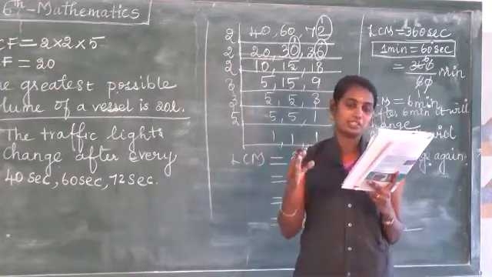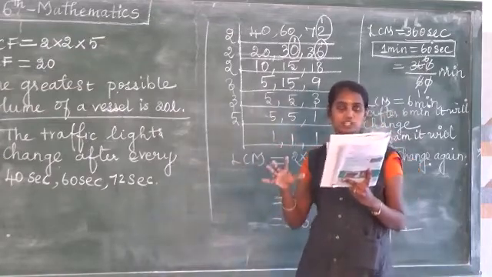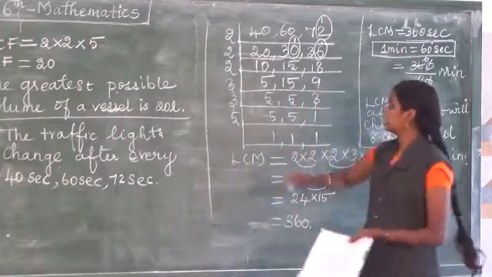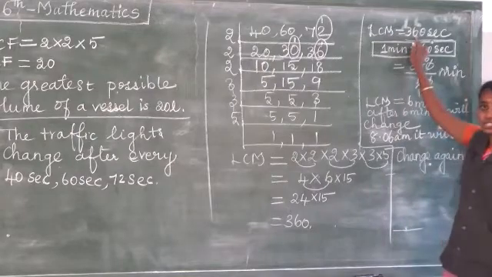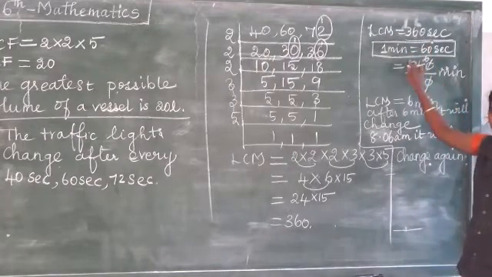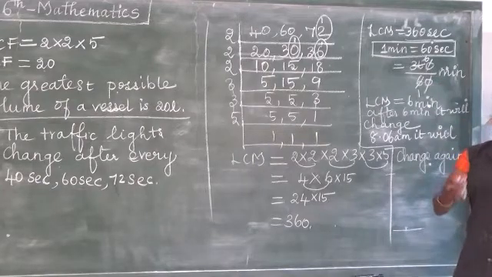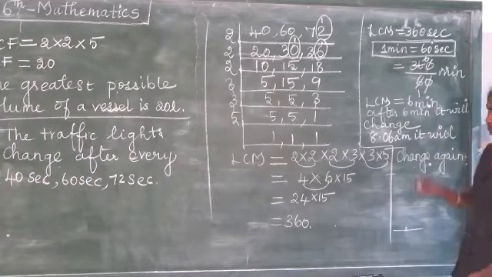If they change simultaneously together at 8 a.m. at the junction, what time will it change again, they are asking. So find the LCM. We found the LCM is 360 seconds. Convert seconds into minutes. Once it changed at 8 a.m., next it will change at 8:06 a.m.